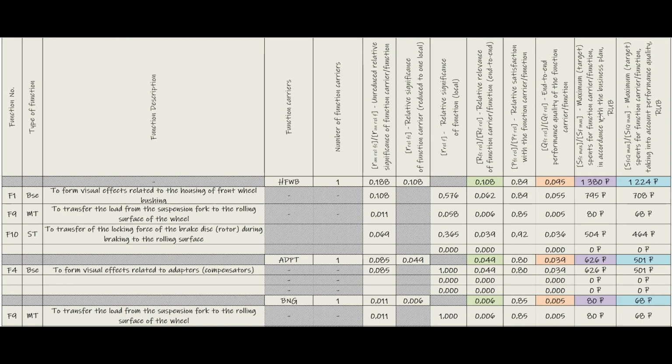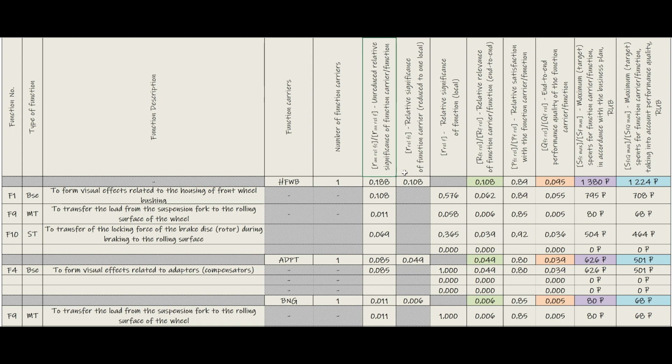Let's describe an approximate algorithm for adding values of relative importance to the combined model and calculations based on them. First, based on data from column M average, we fill the column unreduced relative significance of function.